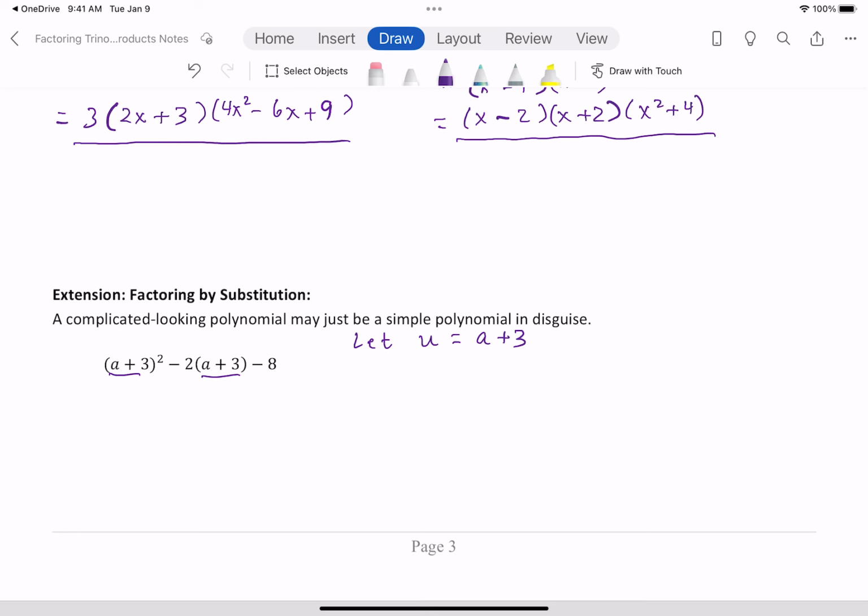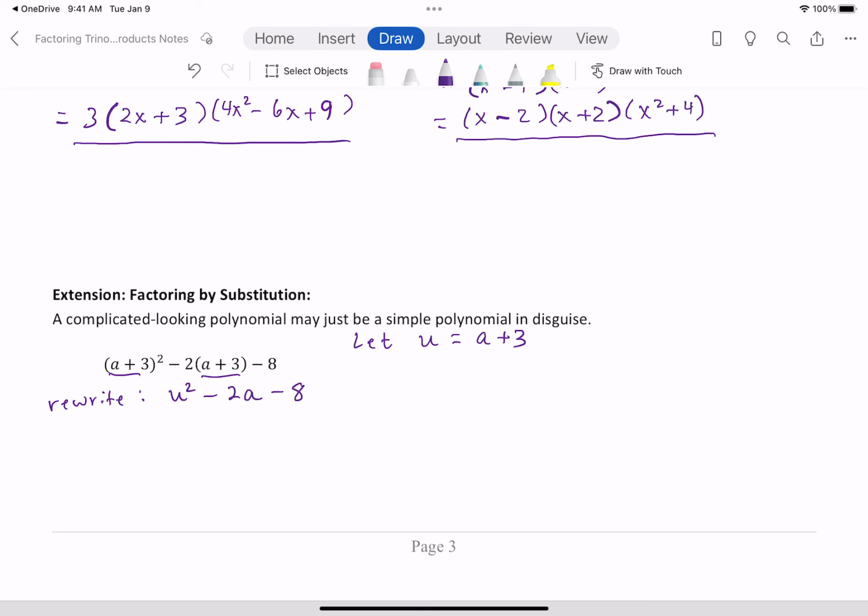And the reason that I'm going to do that is so I can rewrite this as something that looks simpler to factor. So if U is equal to a plus 3, I can write that first term as U squared. The second term would be minus 2a, and then bring down the minus 8. And you see now the trinomial that I need to factor looks a whole lot simpler.